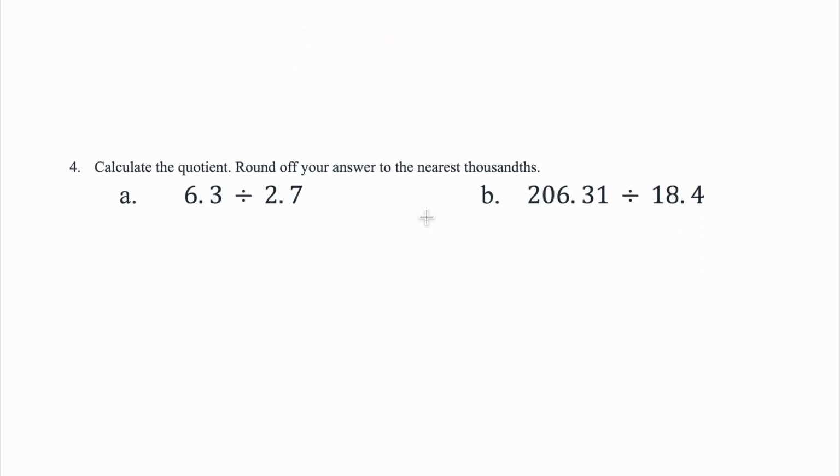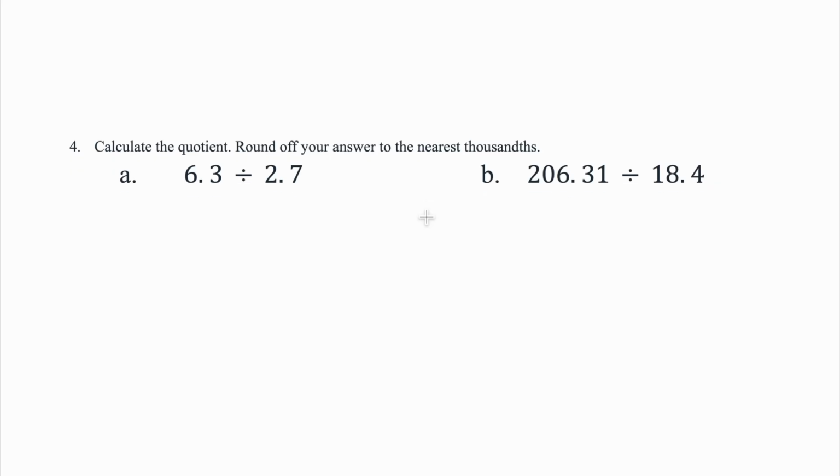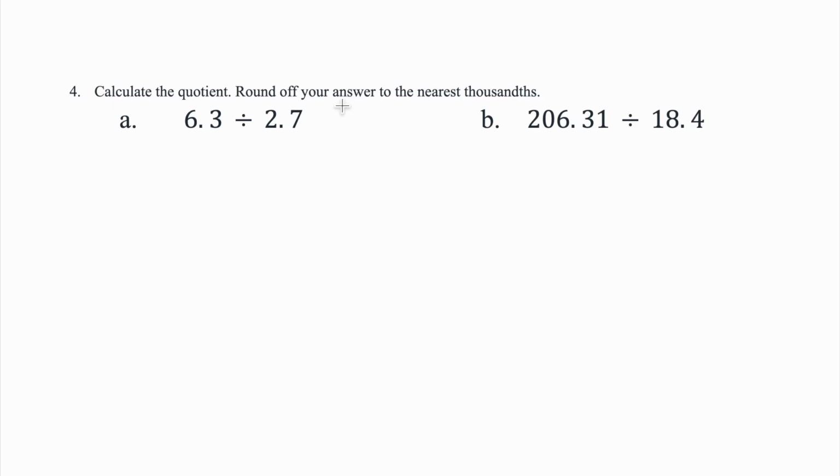All right. Let's check out this next one here. It says calculate the quotient. Round off your answer to the nearest thousandths. Okay. So quotient means I'm going to divide. So dividend in the house, I get 6.3. Divisor on the outside.